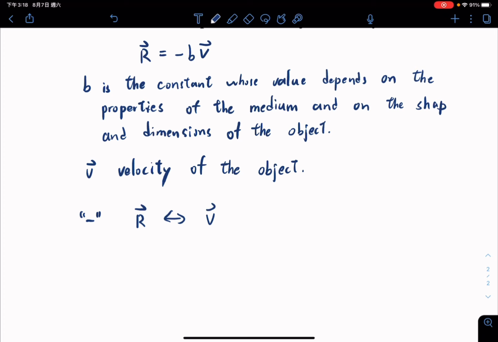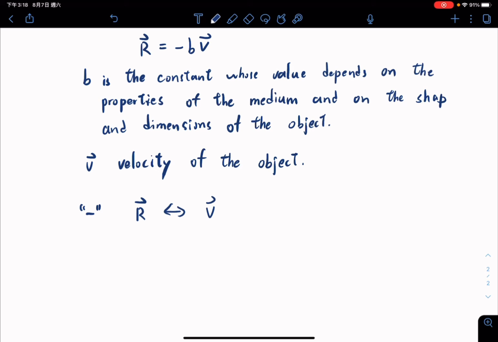Now we can apply Newton's second law, which says the total force is equal to ma.